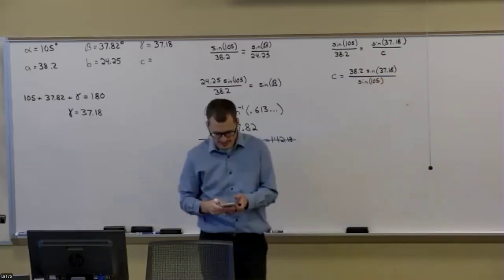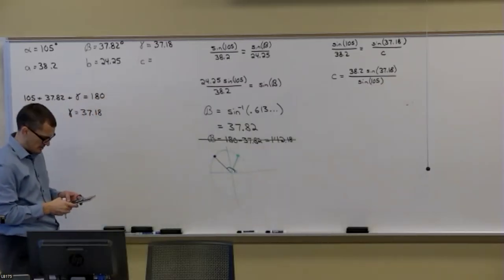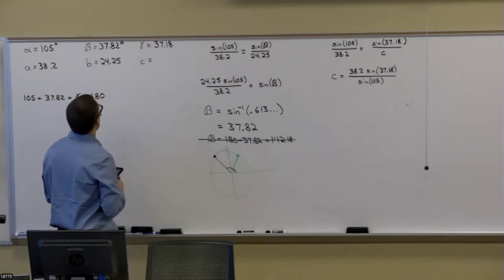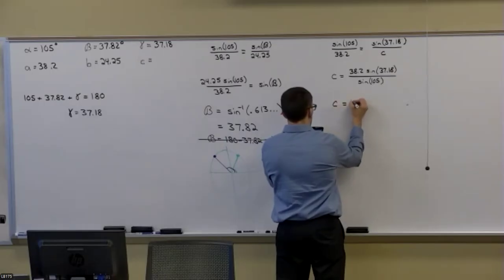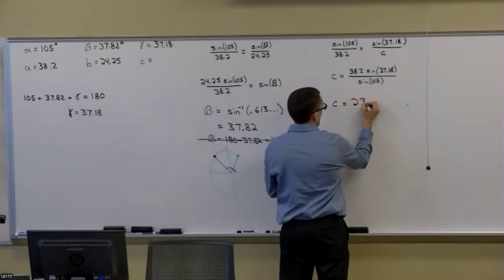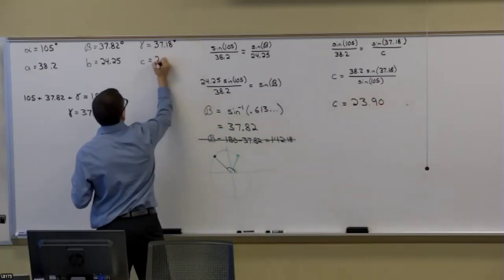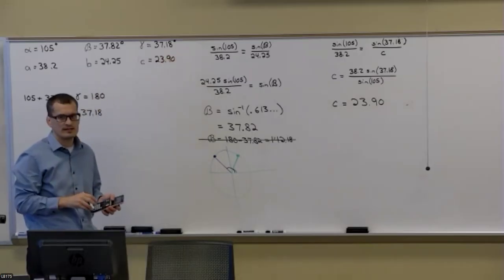Then just plug that in my calculator. I get the C value to be about 23.90. And now we've solved the triangle.